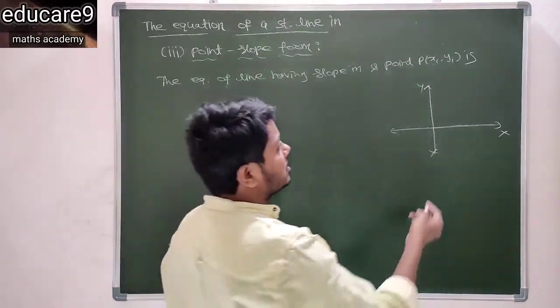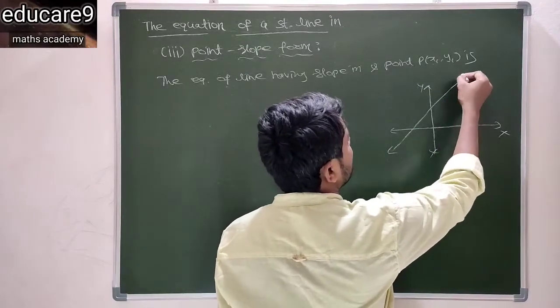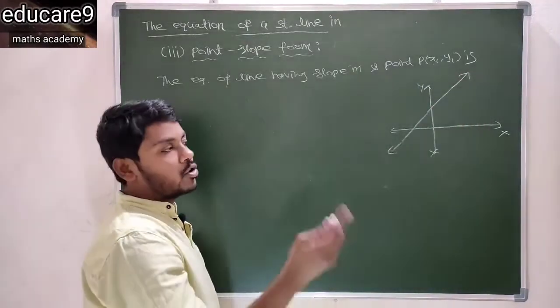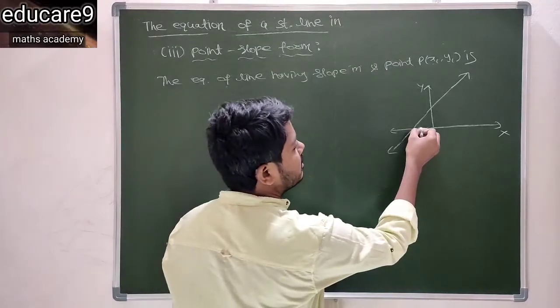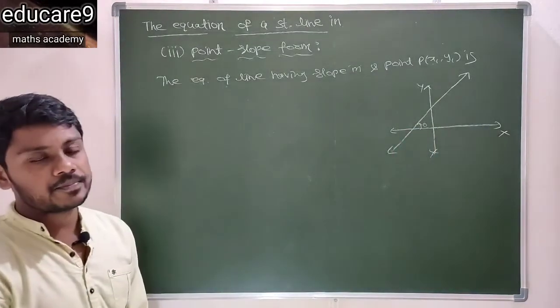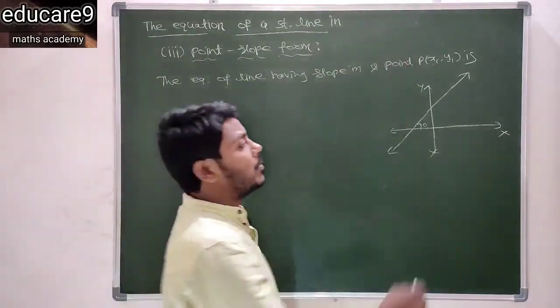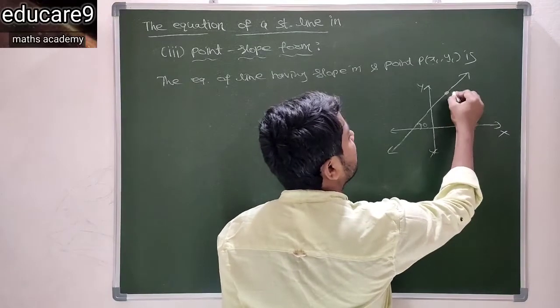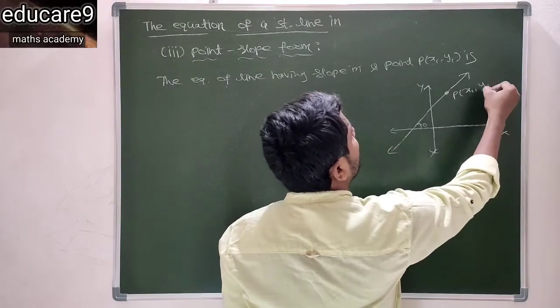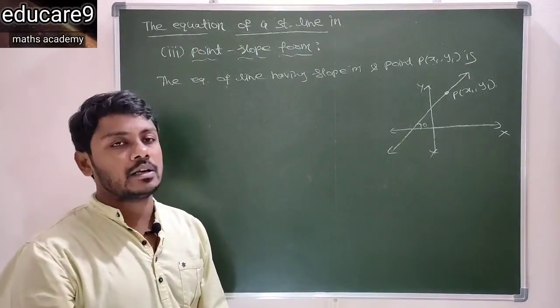Suppose this is any straight line. This straight line having the slope m means this line makes an angle theta with the positive direction of the x-axis. And suppose this line passes through the point (x1, y1). So in that case you need to find the equation of this straight line.